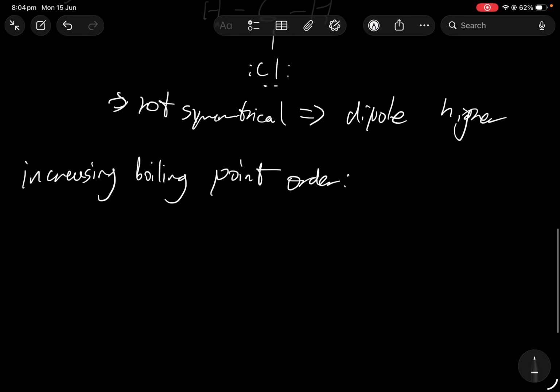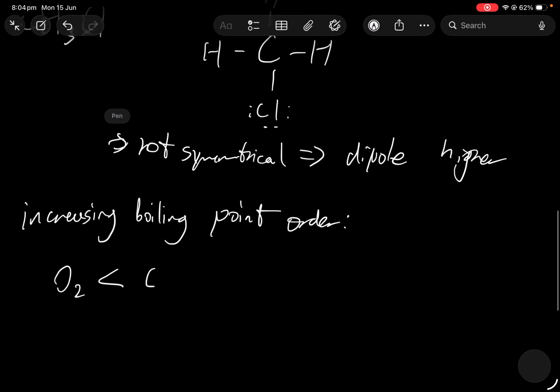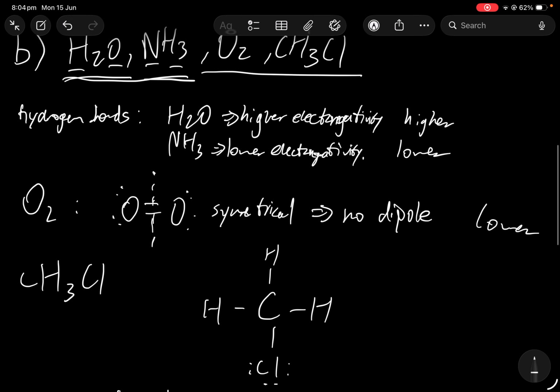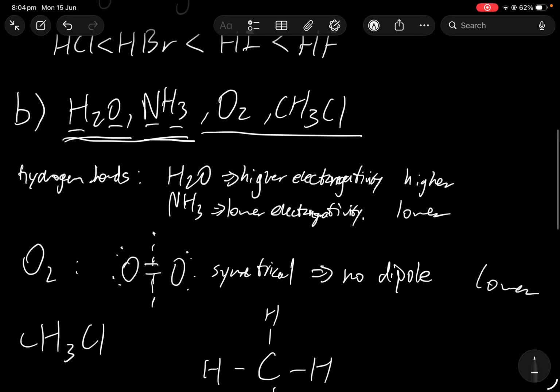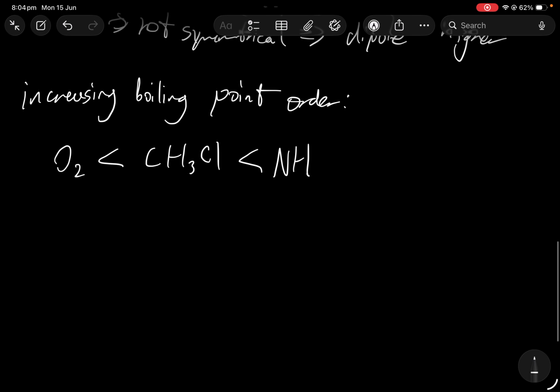Yeah, lowest will be O2, and then it will be CH3Cl, and then it's the two hydrogen bonds, so that is H2O and NH3. H2O has higher ones, so it's NH3 first. So it's NH3, H2O, and that's the order for this question.